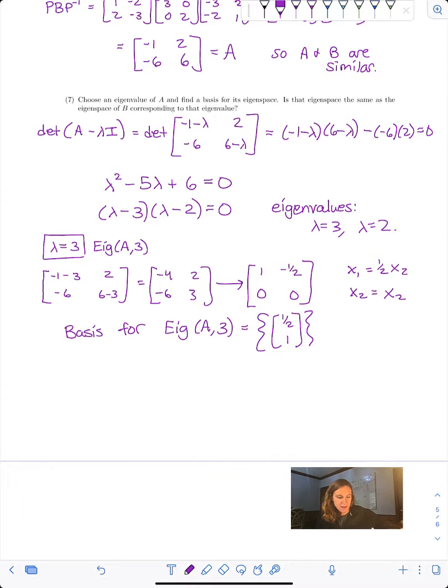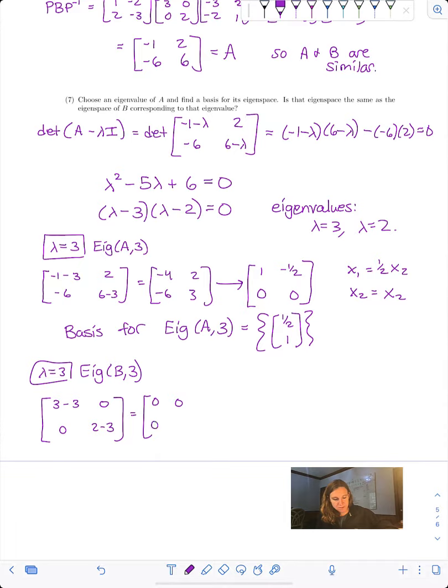So let's look at lambda equals 3 and try to find a basis for the eigenspace of our matrix B. Again, we do the same thing. We do 3 minus 3, 0, 0, and then 2 minus 3. We subtract 3 from the main diagonal, and that gives us 0, 0, 0, -1. We row reduce that. This is one of those weird cases where you have a 0 in the first column.